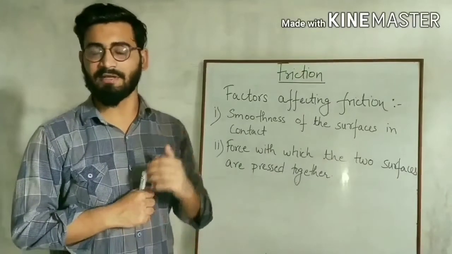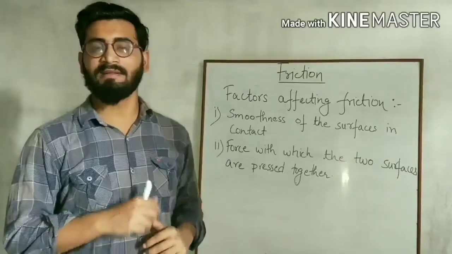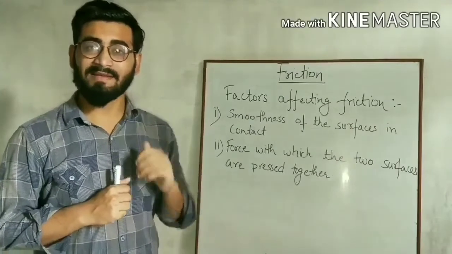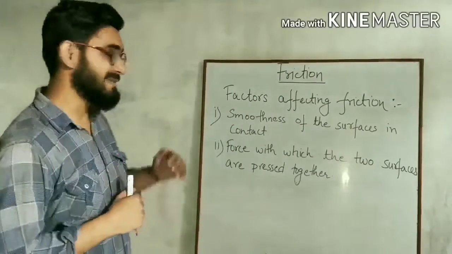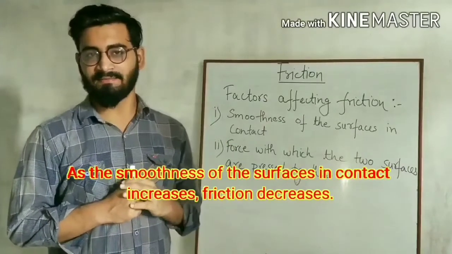Yes, when the surface is rough, the friction will be more, and when the surface is smooth, the friction will be less. That means as the smoothness increases, the friction decreases.